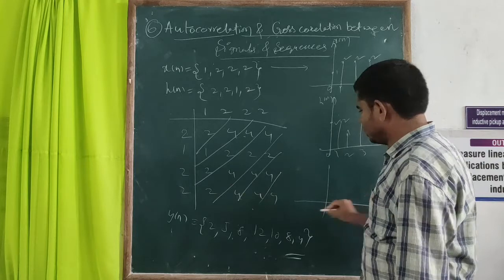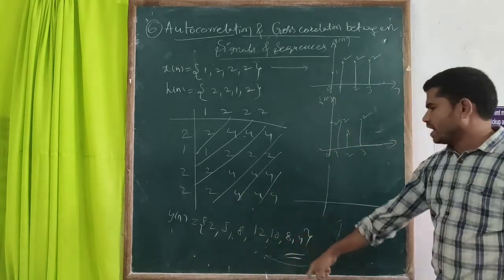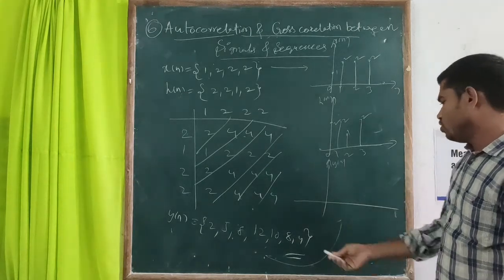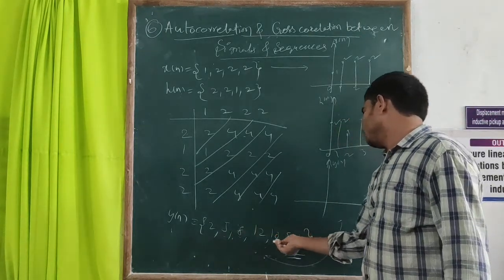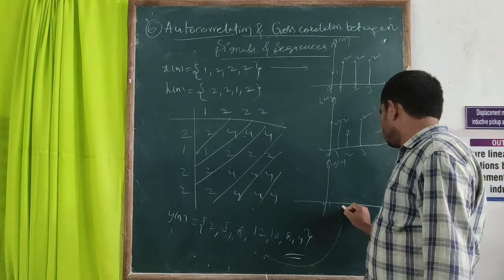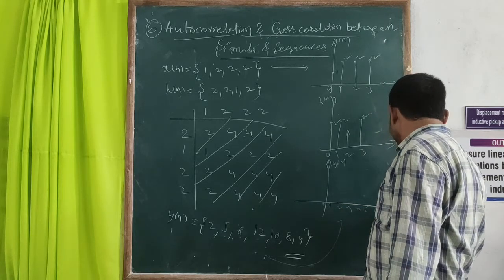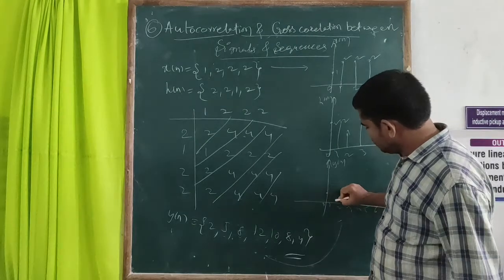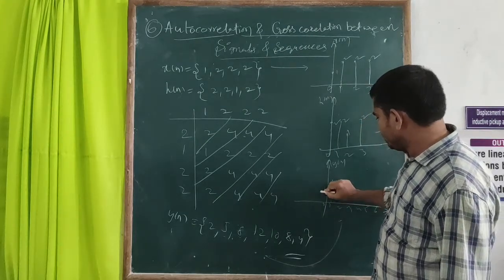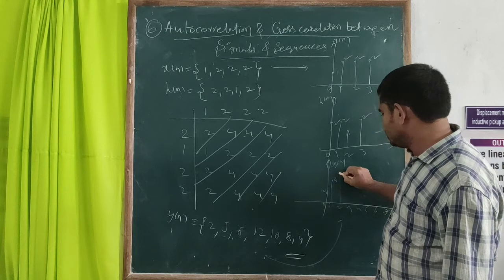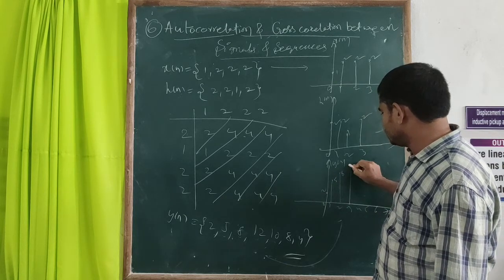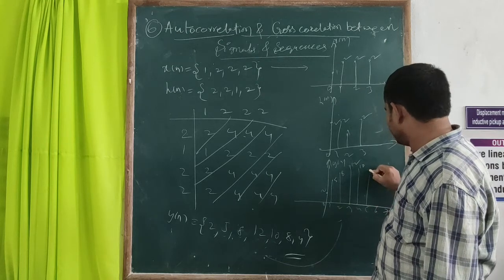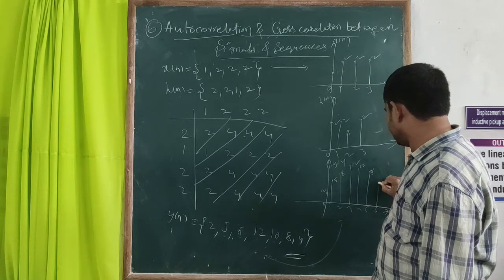Now the output sequence, by using these points. Now we have to draw the graph y of n. How many points are there here? 1 2 3 4 5 6 7: 0 1 2 3 4 5 6 and n. At 0 the amplitude is 2, at 1 the amplitude is 5, at 2 the amplitude is 8, at 3 the amplitude is 12, at 4 the amplitude is 10, at 5 the amplitude is 8 and at 6 the amplitude is 4.